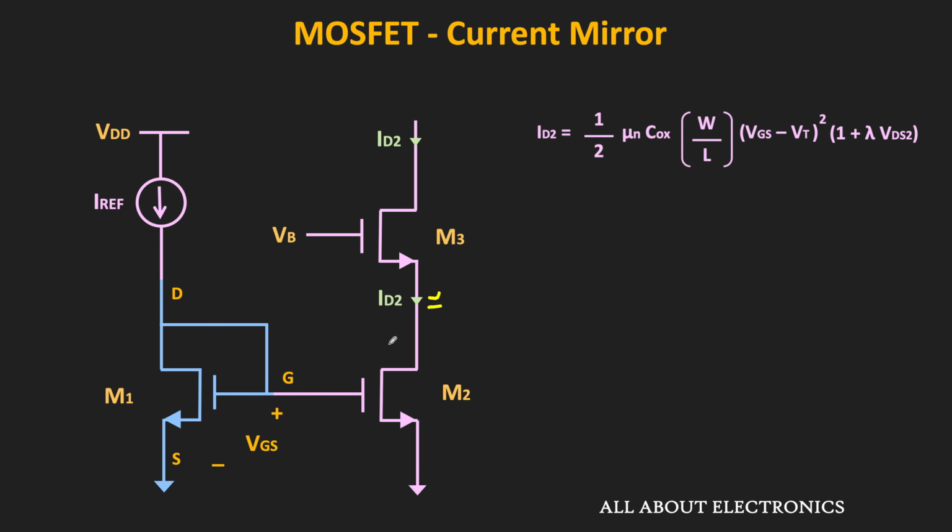Now this M3 is also connected in series with this M2. That means the same current ID2 will also flow through this M3. Now here, for the time being, we are assuming that the drain terminal of this M3 is connected to some fixed voltage such that the M3 is already in the saturation region.